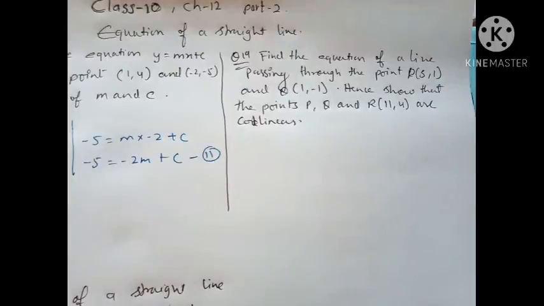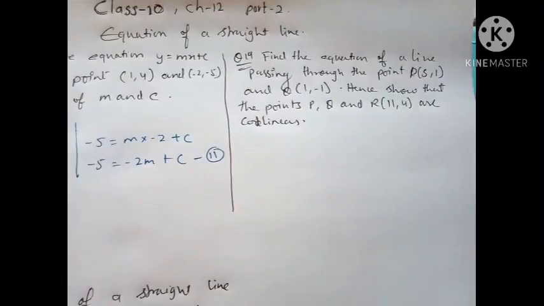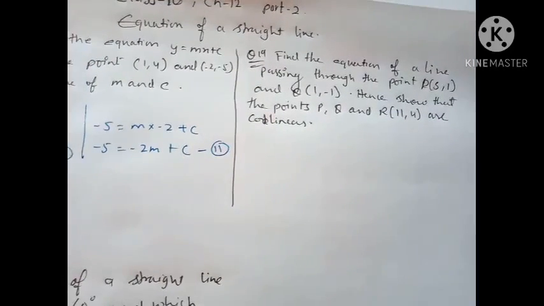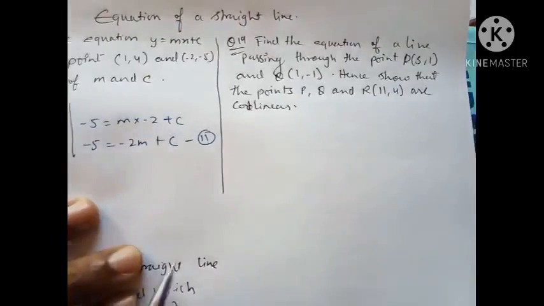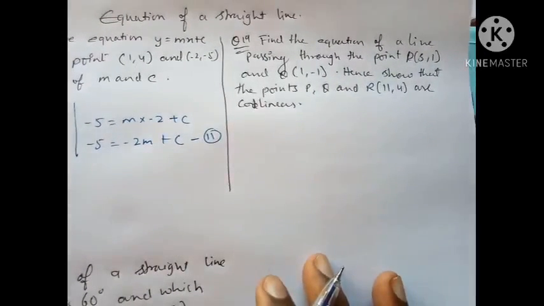What do you think, which formula should we be using? You guys tell me. Okay, maybe some of you guys are right. We are going to use the 2-point formula where 2 points are given.